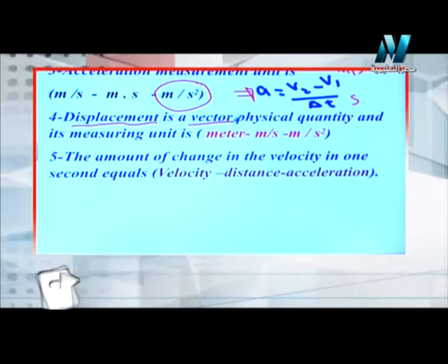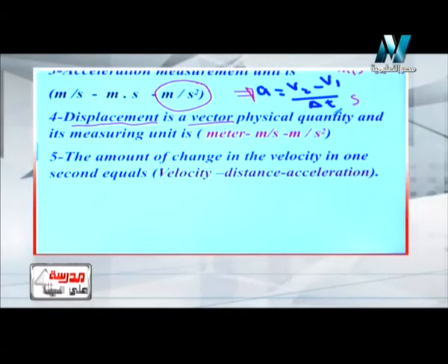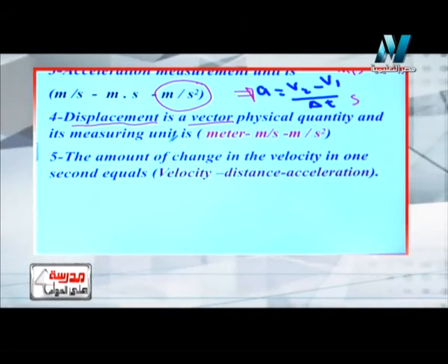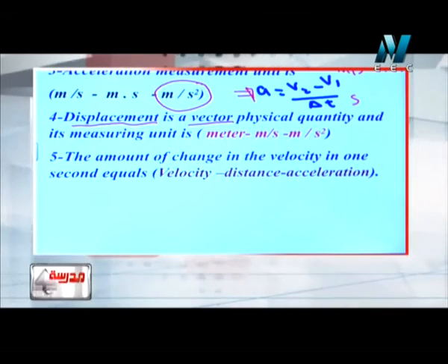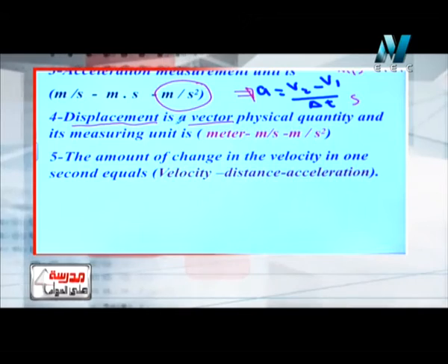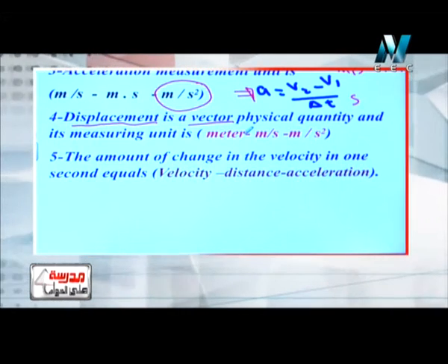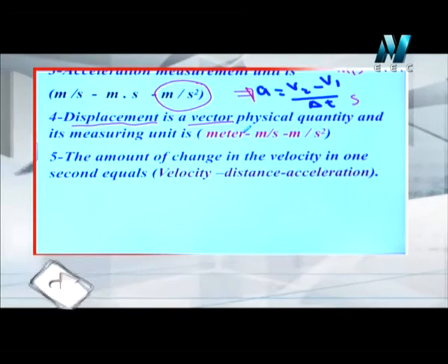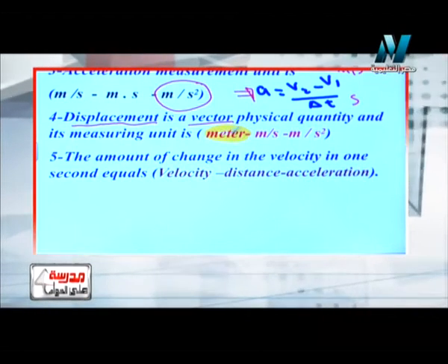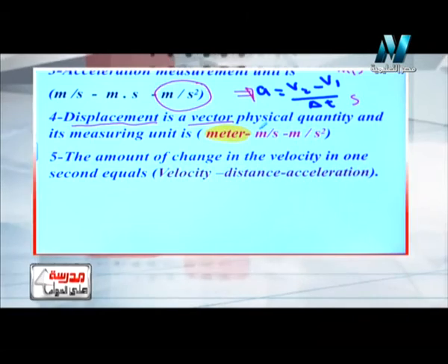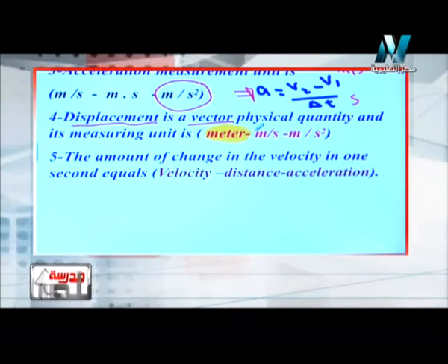But here we have to know the measuring unit of displacement, like the measuring unit of distance. So here we will choose, dear student, number 1 as meter. Maybe kilometer. If the question contains kilometer, we will choose kilometer.